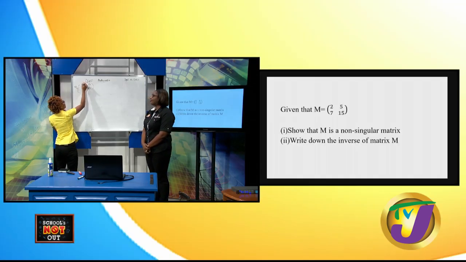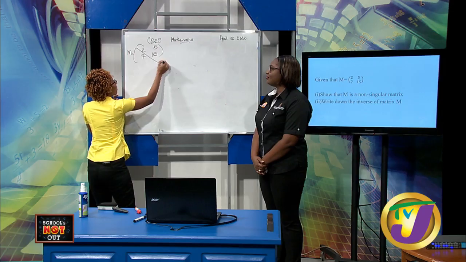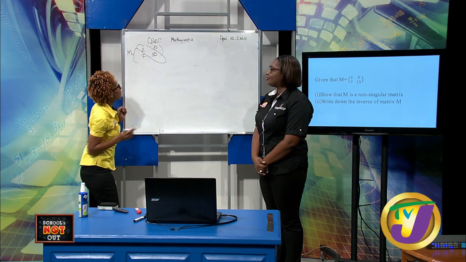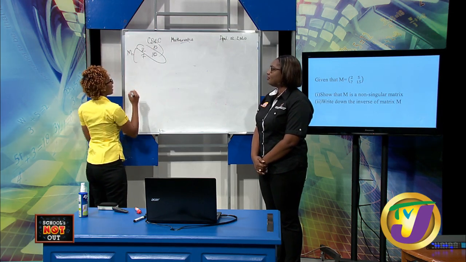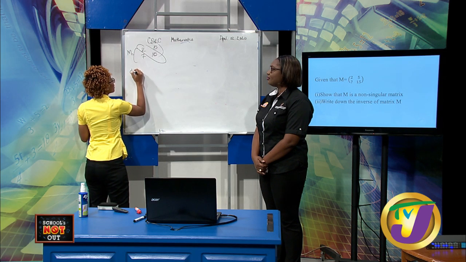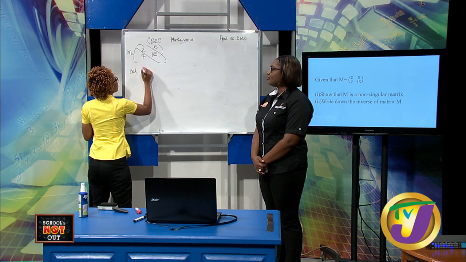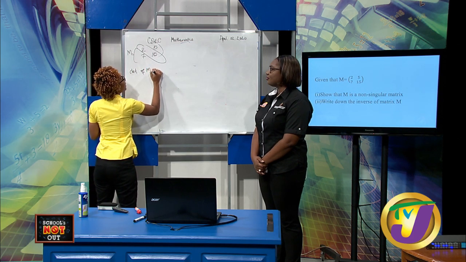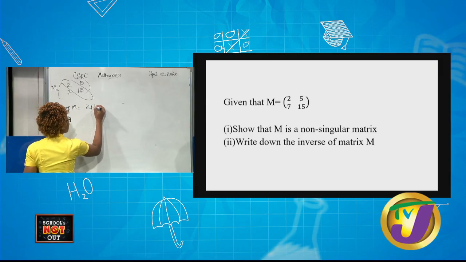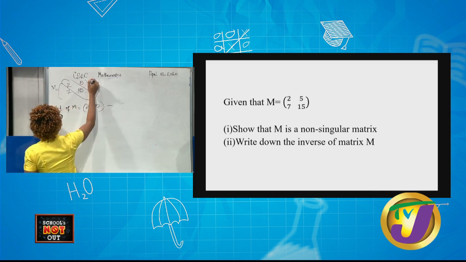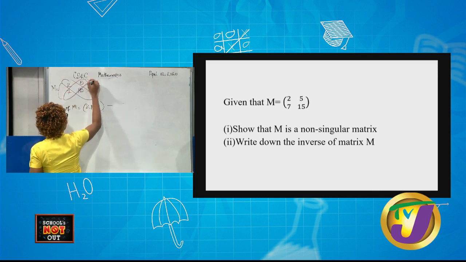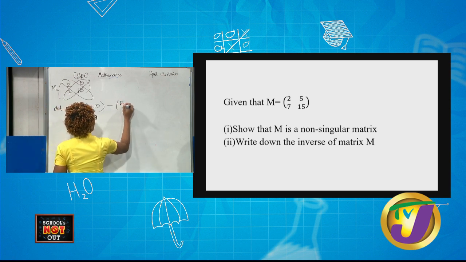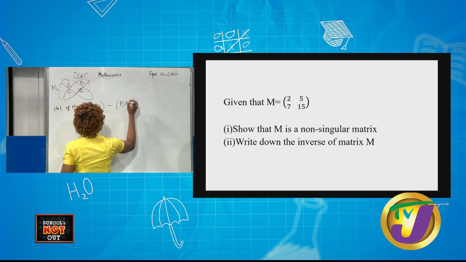So you are saying that for my determinant, I start with my leading diagonal, multiplying the elements in my leading diagonal first. So let me write it. The determinant of M gives me 2 times 15, take away the product of 5 and 7.